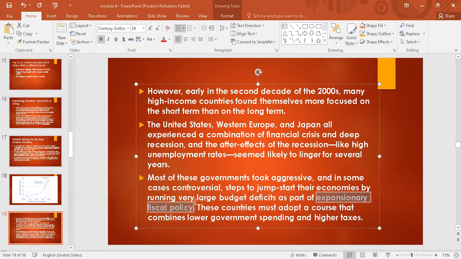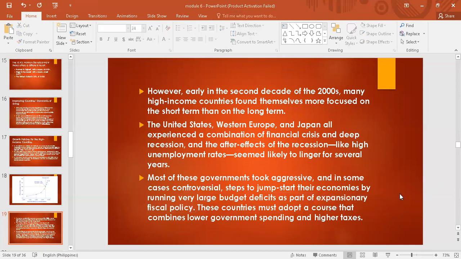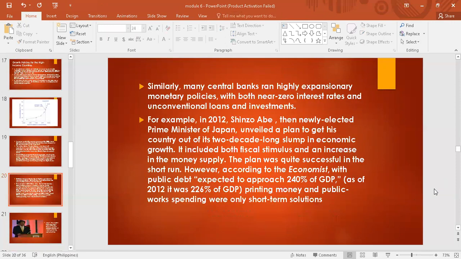Kaya, because of that, nagkaroon ng mga implementation ng tinatawag nating expansionary fiscal policy. So these countries must adopt a course of combined lower government spending and higher taxes. Yan. So similarly, many central banks, for that event or yung nangyari nung 2008 especially, yung mga bangko po, to increase yung economic activity kasi nga recession, walang economic activity, walang buying and selling, walang purchases.